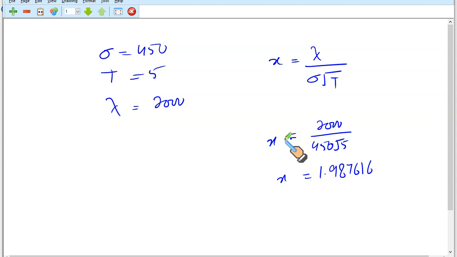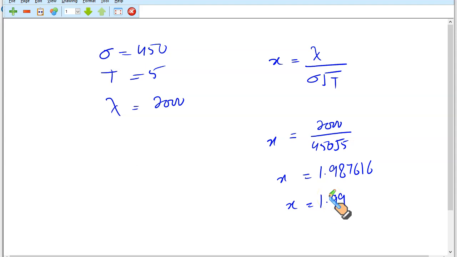This is x. Now, this is the first step. Now you need to round it off to 2 places of decimal, 1.99. Now go to the table and see what the value is in the table. Let us open the table.